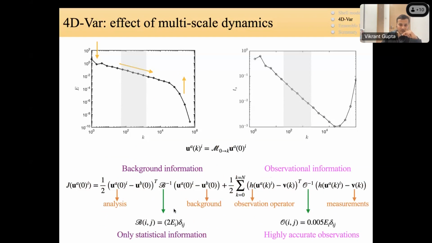For the background information, we do not have much given to us, because as soon as we go to the shells which are not measured, we have a scale separation, so we have almost no information about the shells that are not measured by the background as such.